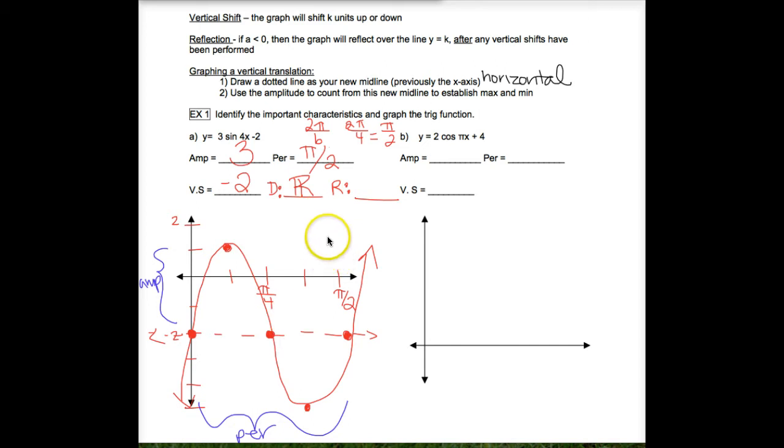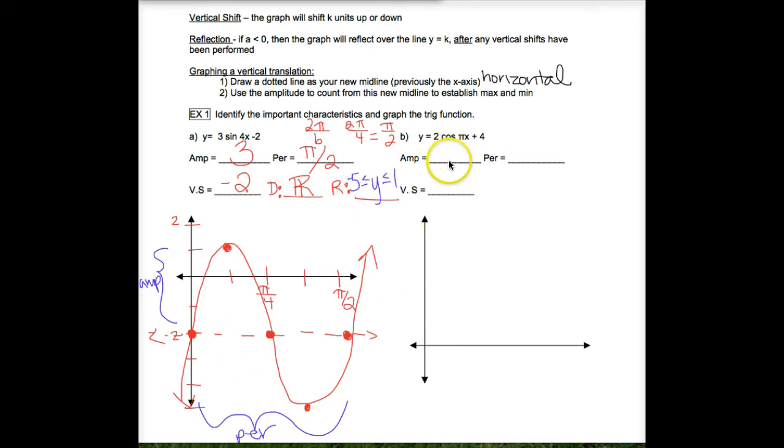All right, so we've got a complete graph there. Now we can fill in our range. So look at what the y values are, because the range here on sine and cosine is always a sandwich value. So the max is 1, the minimum is -5. So between -5 and 1 are my y values, my range.